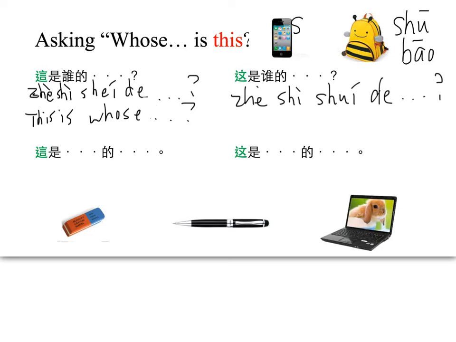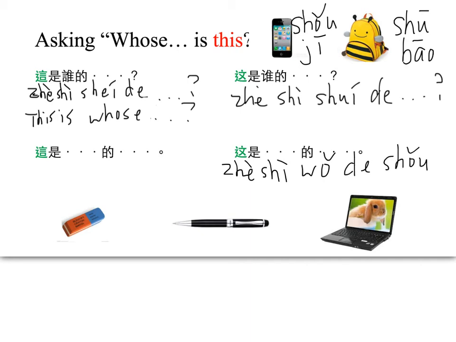Yeah, cell phone is 手机, right? 这是谁的手机？And you want to say, oh, that's mine. So how would you say that? 这是我的手机. Right? This is my cell phone.